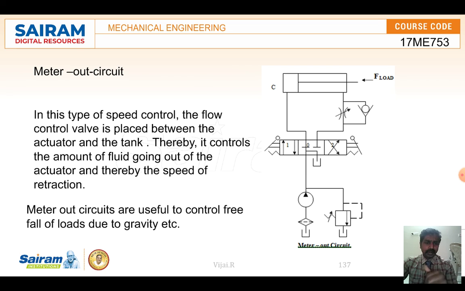When it is returning, if you keep the flow control valve and control the flow, automatically the return movement will be very slow. So we can control the slow movement and the fast movement of the actuator by keeping flow control valves in either direction, while going in or coming out. That is called the meter-in circuit and meter-out circuit.